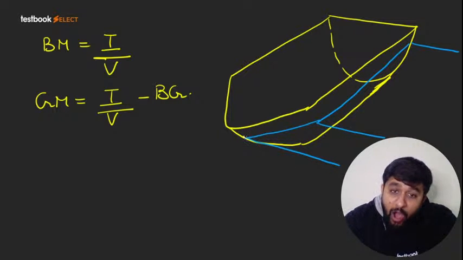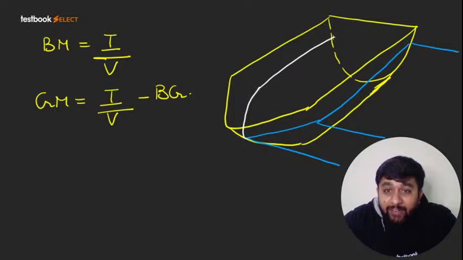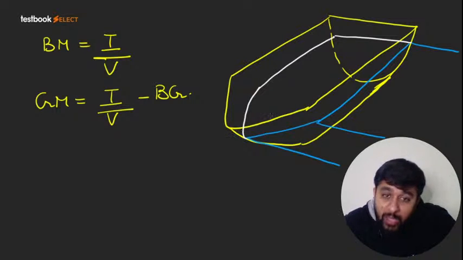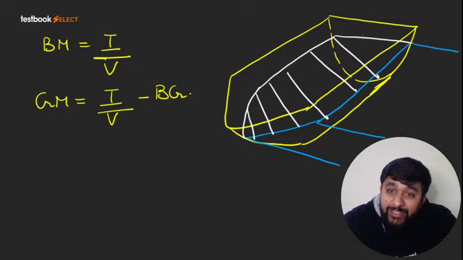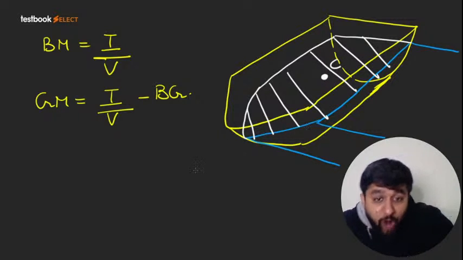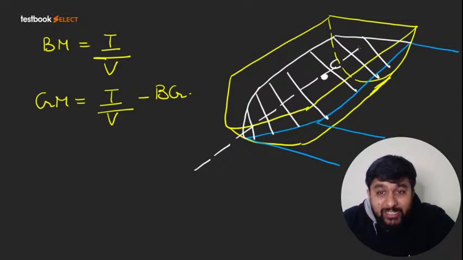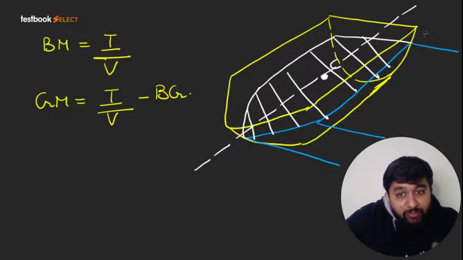Now the plane of intersection of the level of water with the ship is called the water plane. For this cross section, that is the water plane, you find the centroid. From the centroid, you draw 3 perpendicular axes. One is along the direction of motion of the ship.